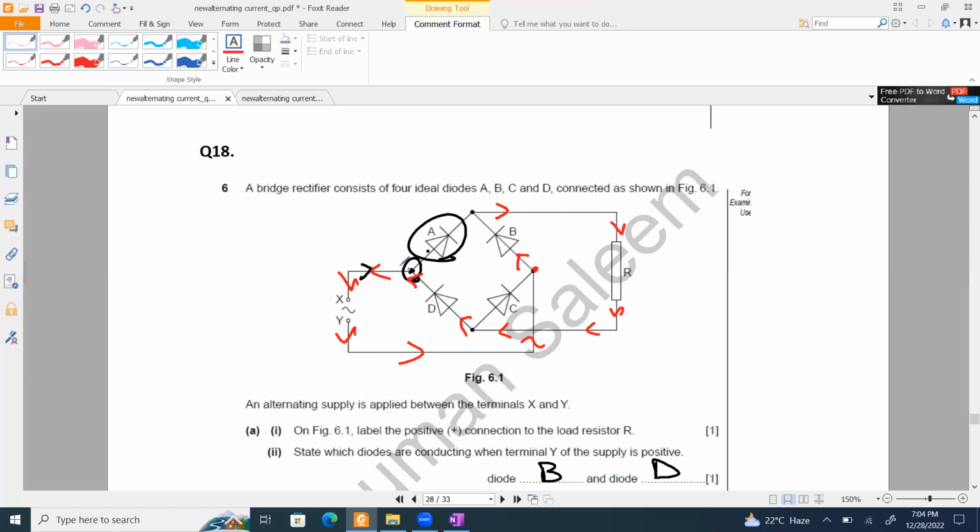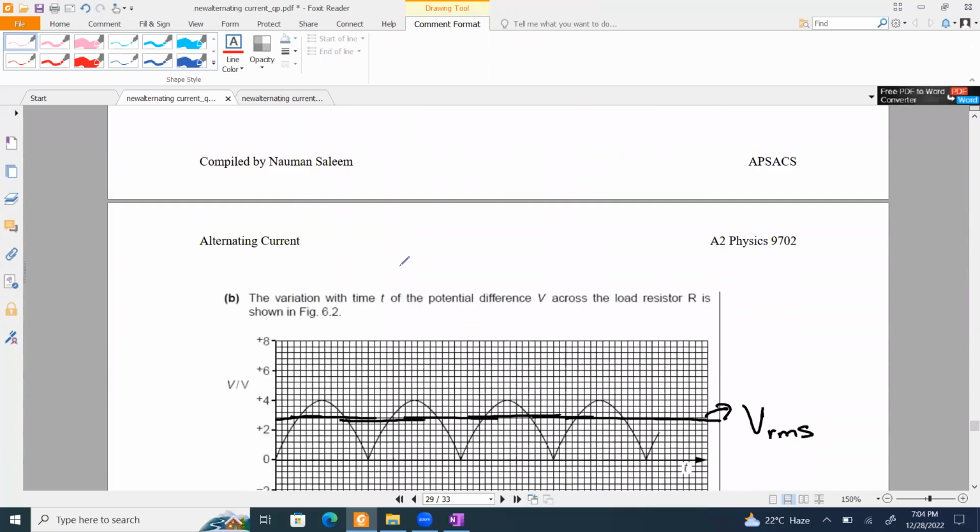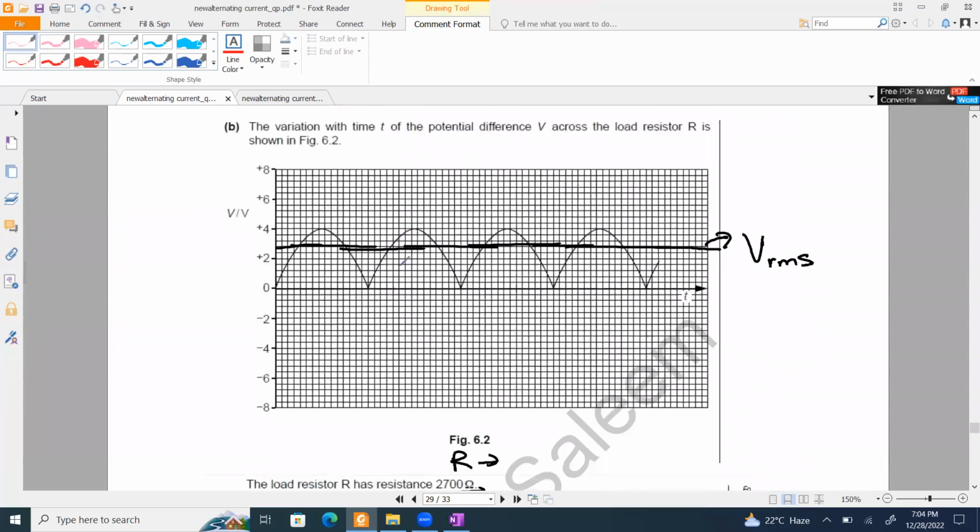So what I mean here is that one pulse will be present, the other will be absent, then present, then absent, and this goes on and on.